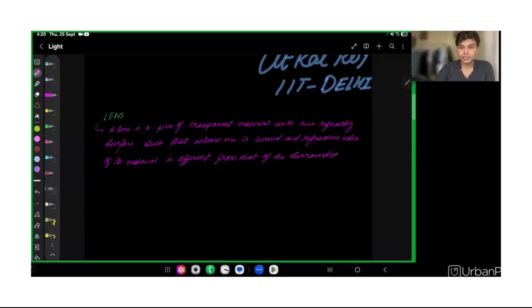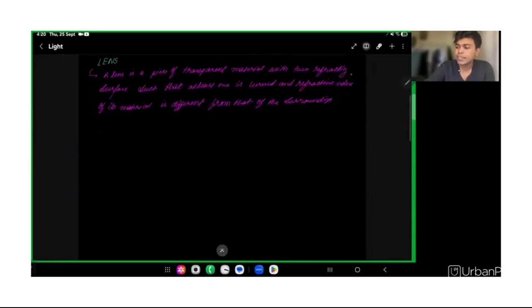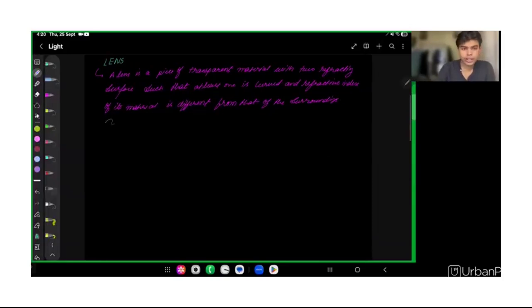Right? Now, how a lens behaves as converging and how a lens behaves as diverging, that I'll explain to you right now.